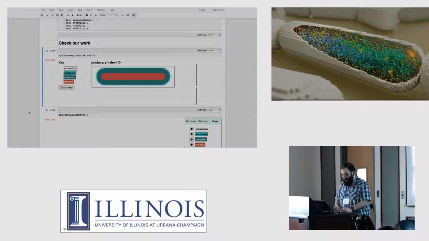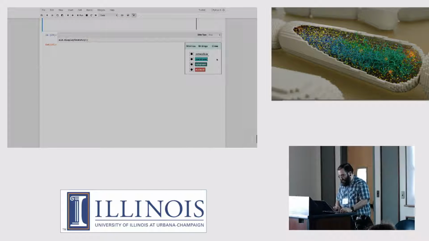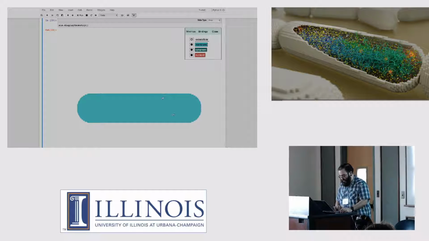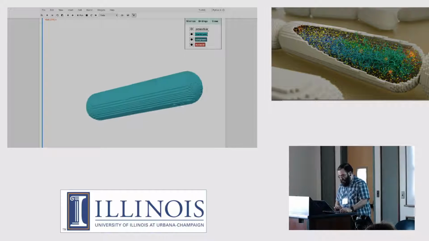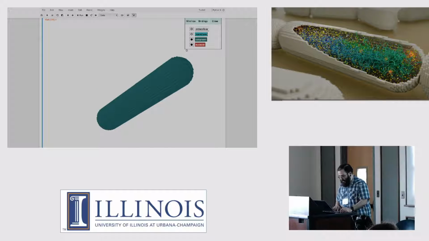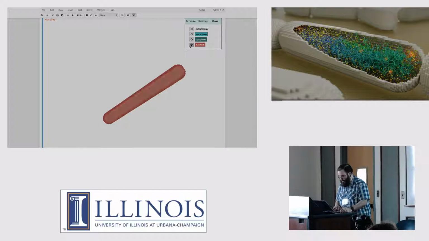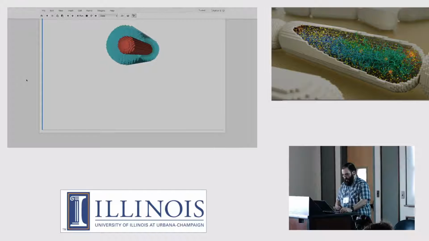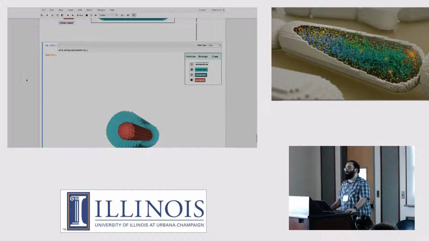JLM also has a 3-dimensional viewer, so we can take a look at the 3D construction in the notebook. This looks good. Take away the membrane, take away the cytoplasm, nucleoid. So, yep, that's what we wanted. Good, good. So that's it. That's JLM.